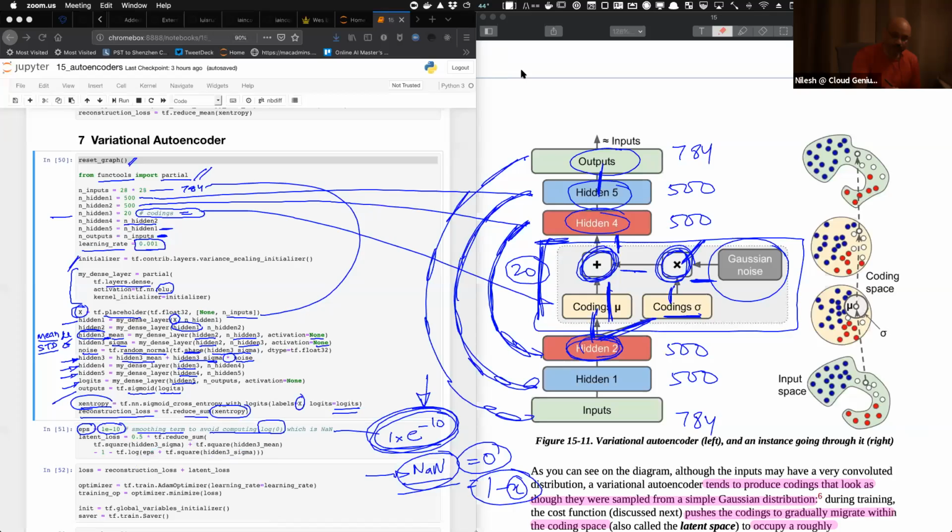This is your latent loss, which is half of the summation of these things: 1 plus the log of sigma squared, minus the mean squared, minus sigma squared, using the tf.log function of a square of sigmas. That's the loss calculation based on what we just discussed.